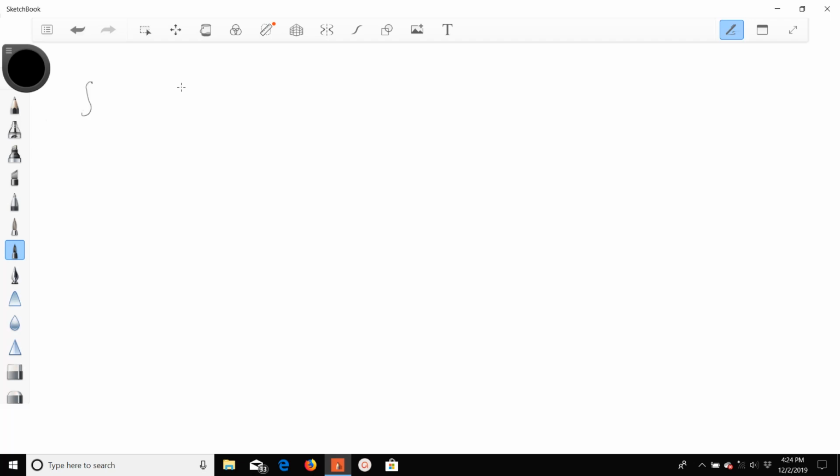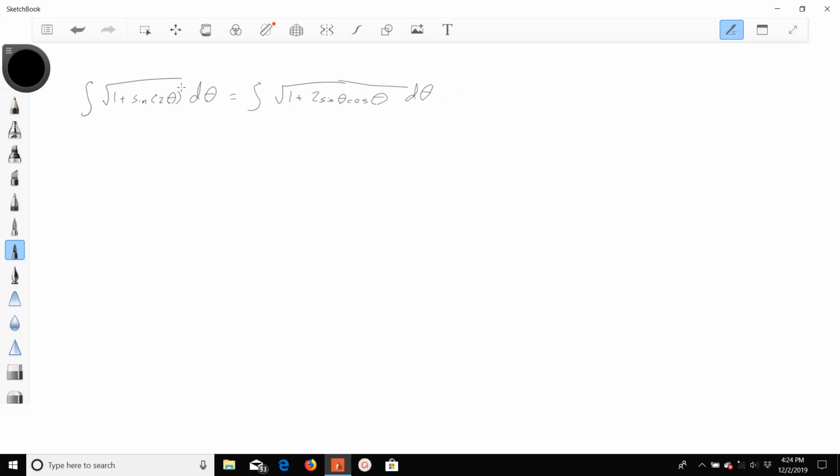Let's do the integral, this will be the last one, of the square root of 1 plus sine 2 theta d theta. This is the integral of the square root of 1 plus 2 sine theta cosine theta d theta.